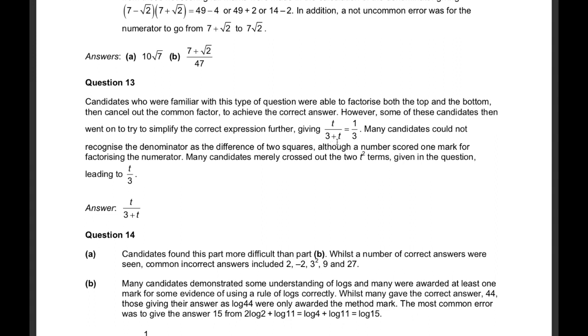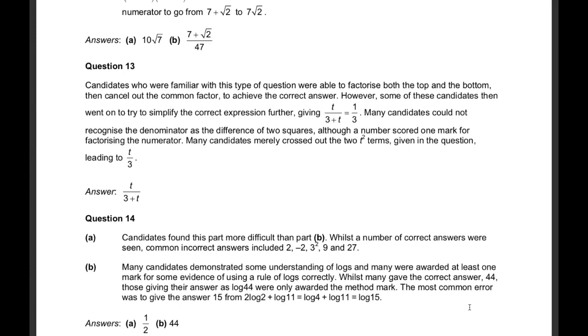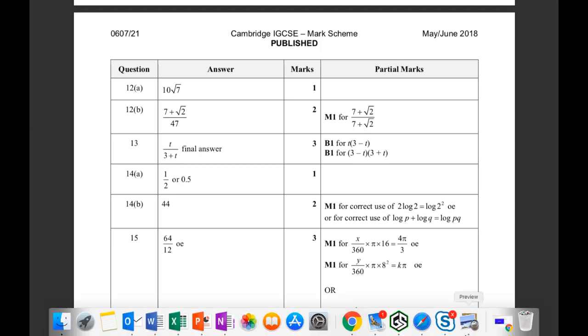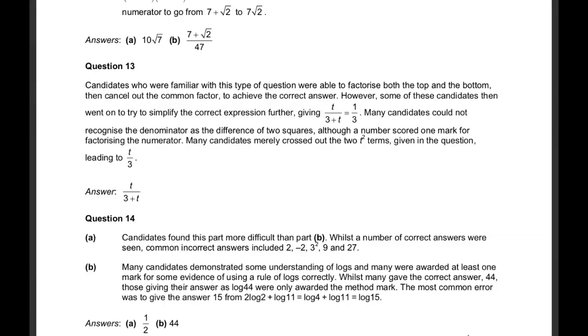That's because there's a plus here. If it was 3t and not 3 plus t, then you could simplify in that way. So that's an interesting point to make. Okay, so there's our answer. Let's keep on moving. And there's the mark scheme there as well. You can see what you're getting your marks for.